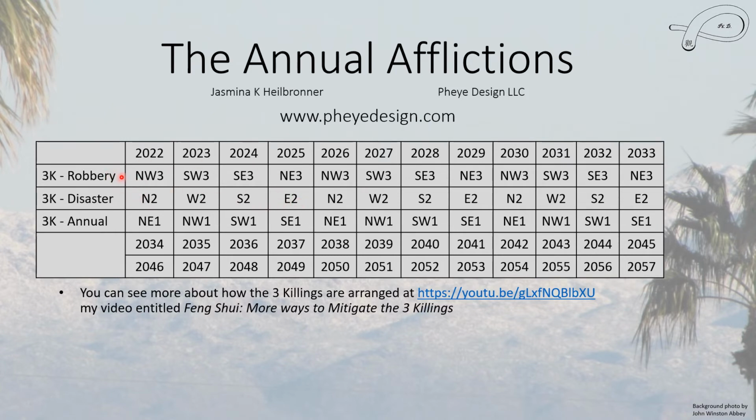And the robbery Shah is always the adjacent animal sign in the counterclockwise direction. So this is rat and this is pig. And it works always this way. It's always the 3rd subsector of the adjacent sector in the counterclockwise direction.